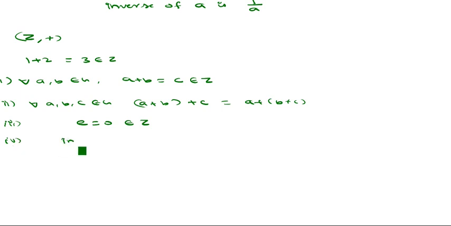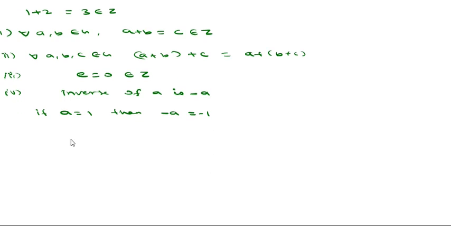The inverse of A is minus A. Suppose A equals 1, then what is A inverse? That is minus A, which equals minus 1. So minus of 1 is minus 1. Okay. Similarly, we can check when the operation is multiplication.